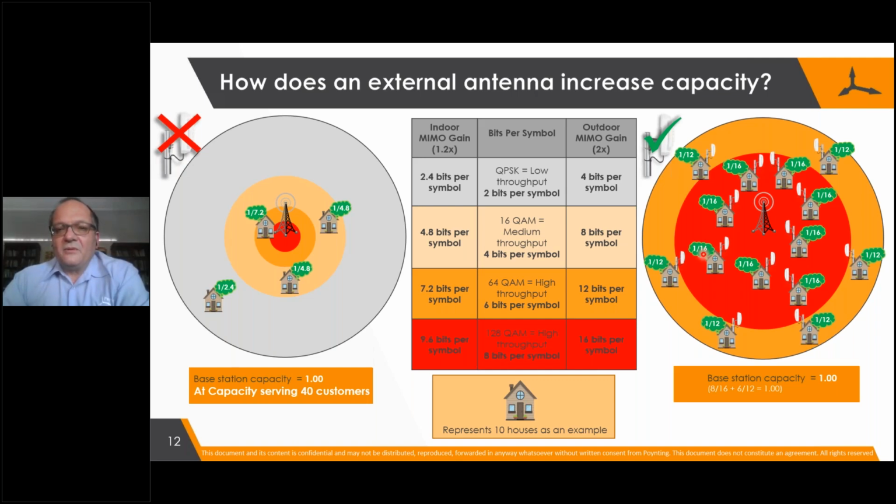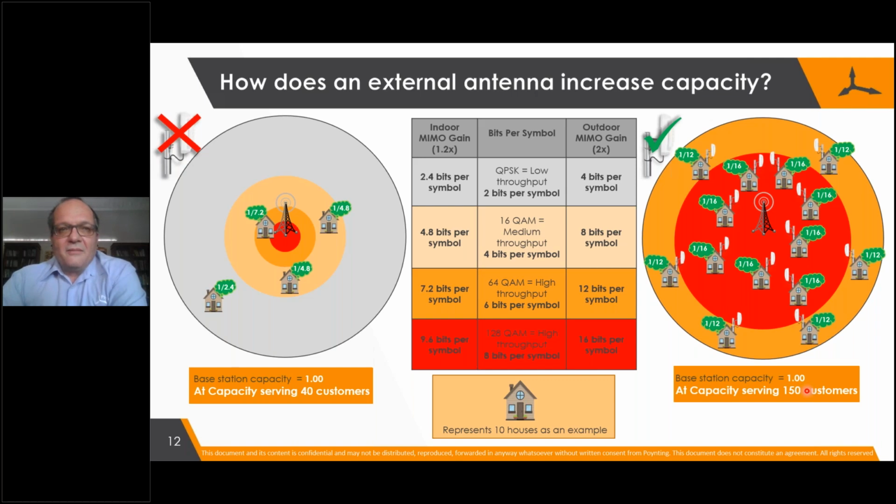So for them, if you want to transfer a 10 megabyte file, it will take most probably, with a quick calculation, less than a second. And here, it will take much longer. And that is effectively why this base station, same cost, same infrastructure, would be able to service, if you look at the equation there, about 150 customers.